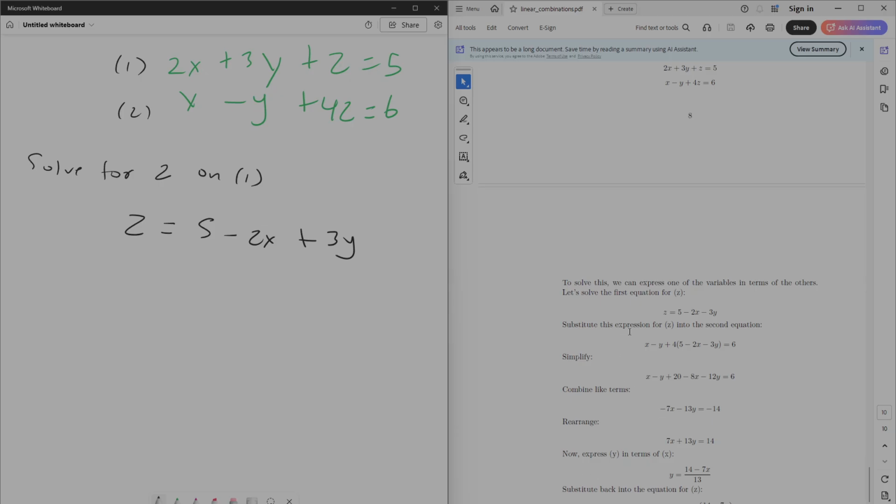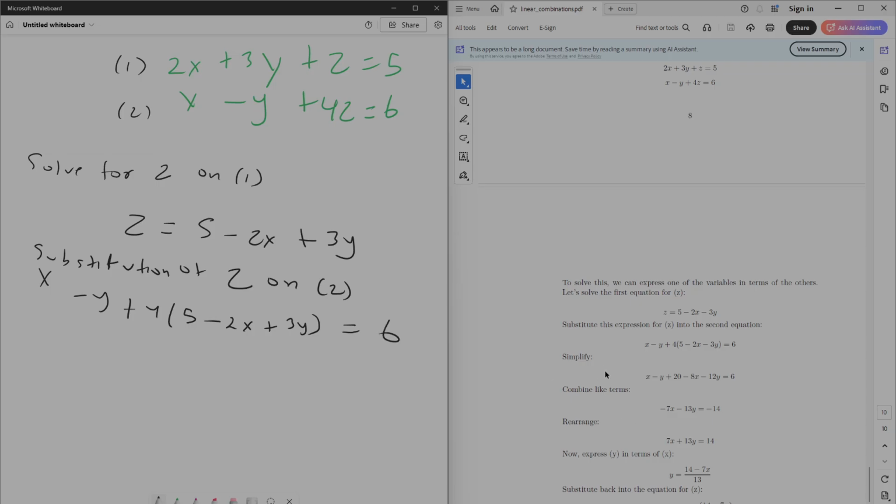Now we're going to substitute this expression for z into the second equation. So z is here, so now we're going to do substitution of z on 2. That means x minus y plus 4 times (5 minus 2x minus 3y) equals 6.